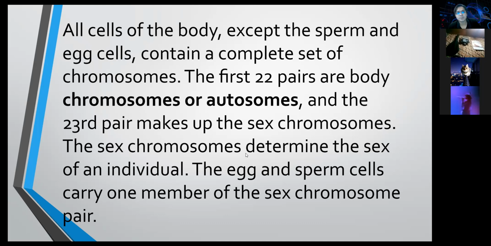How many sex chromosomes do we have? 22? 22 is for autosomes. How many sex chromosomes do we have? The sex determining chromosome. How many? 23? No, I said. 23? Is that your final answer?